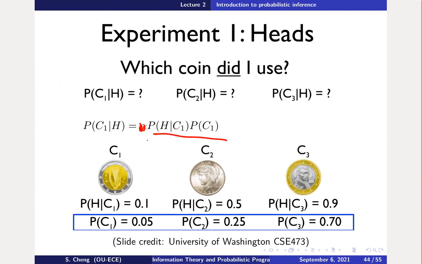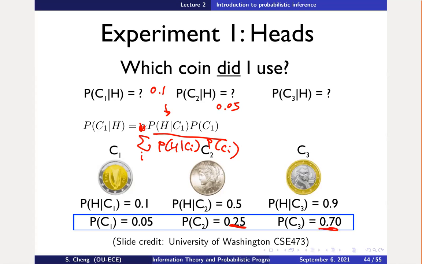It will be simply P(H|C1) over the summation of P(H|Ci)P(Ci), right? You just put the alpha here, but the alpha is essentially this normalization factor. And P(H|C1) and so on, we know that. For example, P(H|C1) is 0.1, right? And P(C1) in this case is just 0.05, P(C2) is 0.25, P(C3) is 0.7.